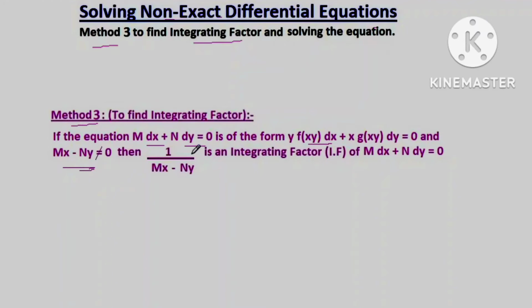In that case, 1 by Mx minus Ny is an integrating factor of M dx plus N dy is equal to 0. So after finding the integrating factor, we will use it to convert this non-exact differential equation into an exact differential equation and solve it, isn't it?